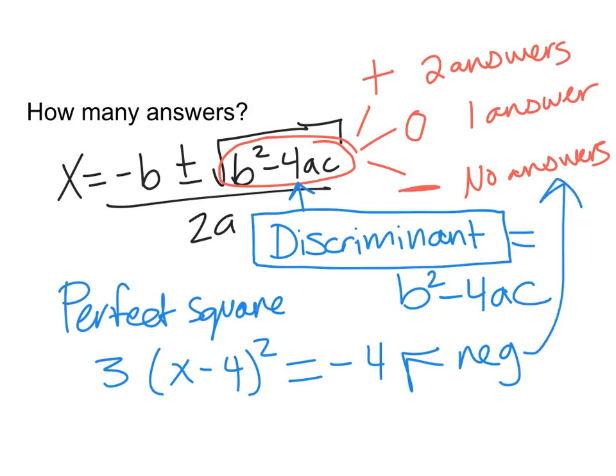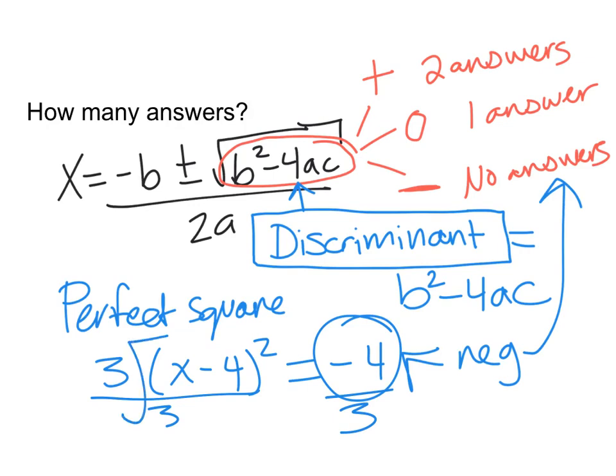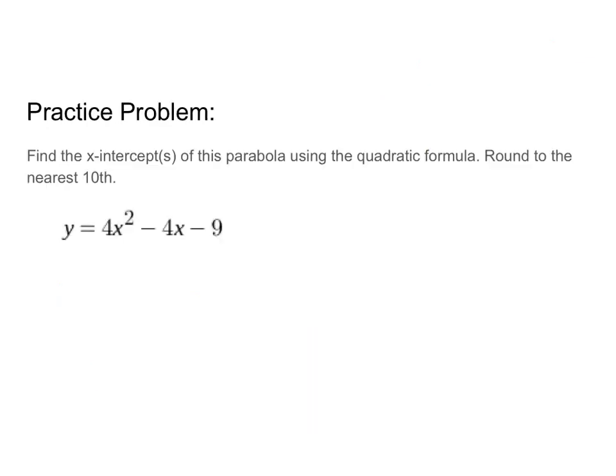If it's positive, that means that there's 2 answers. If it's 0, that means that there's 1 answer. And we know that because after we divide by the 3, which isn't going to change the sign, the next step is going to be to take a square root. And square root of a negative is just not going to work.